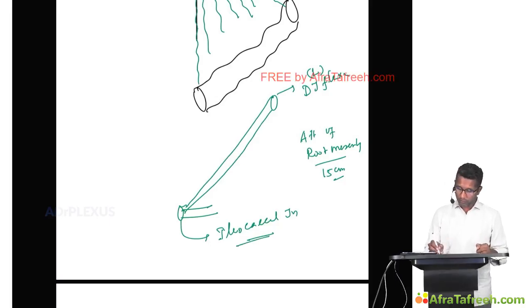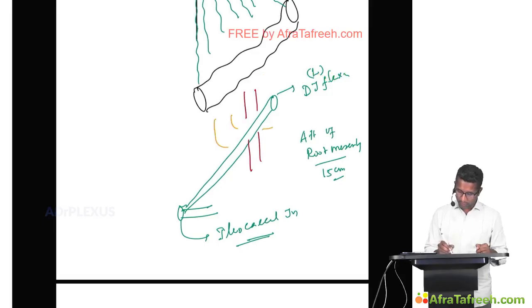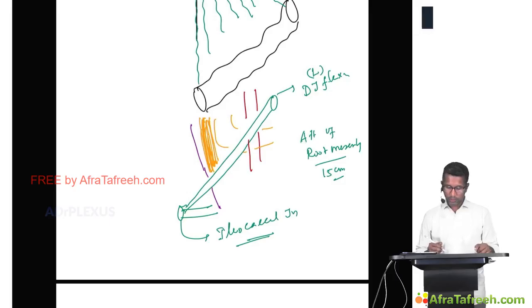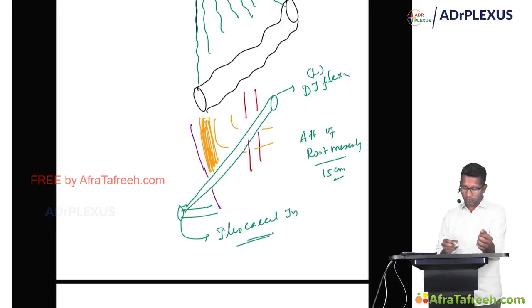On the way it crosses certain structures: first the abdominal aorta, then the third part of the duodenum, then the psoas major muscle, and it also crosses the ureter on the right side. So these are the structures crossed by the root of the mesentery.